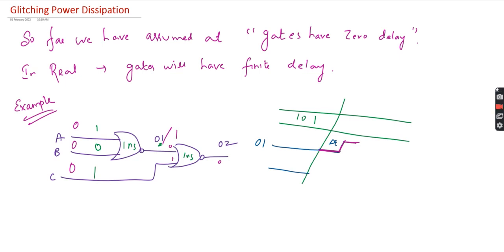Next, immediately this transition happened. You see this is 1 nanosecond and this is another 1 nanosecond, so it actually takes 2 nanoseconds. So you will get the output 0 till here. Next, 0 0 has come.